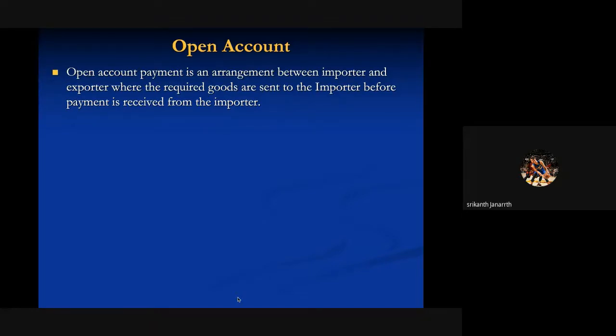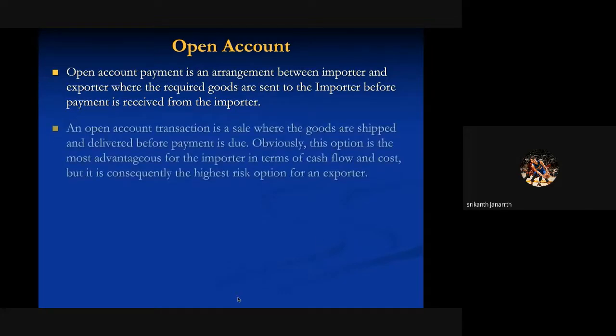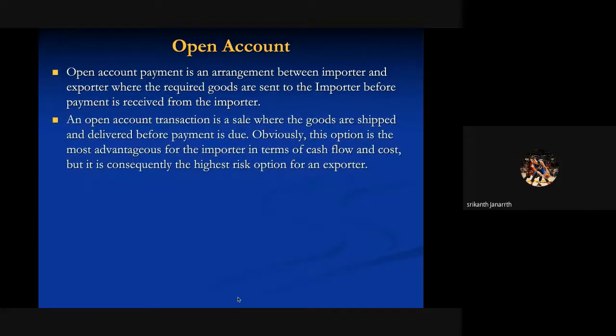Now, when the importer gets the documents, here is what happens. The exporter has taken an absolute risk by sending a shipment to the importer, trusting that the guy will pay very much later.